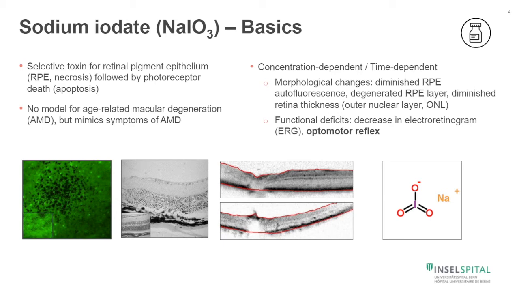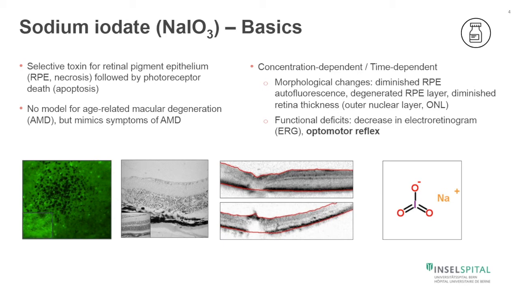As you can see here to the left, there is a diminished RPE autofluorescence, which you can appreciate if you look at the patchy loss in the larger image and compare it to the equally distributed melanin autofluorescence in the insert.